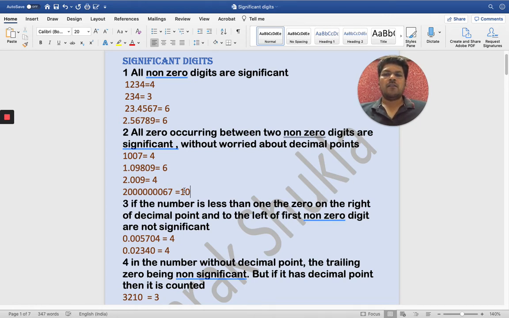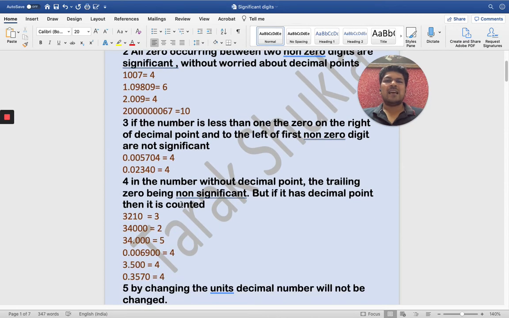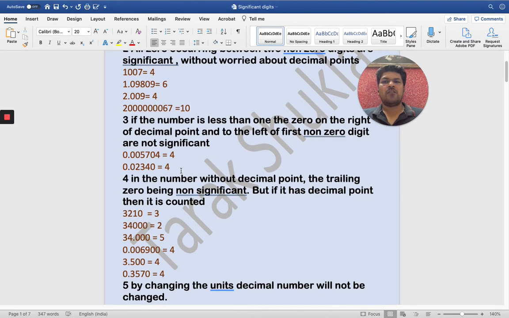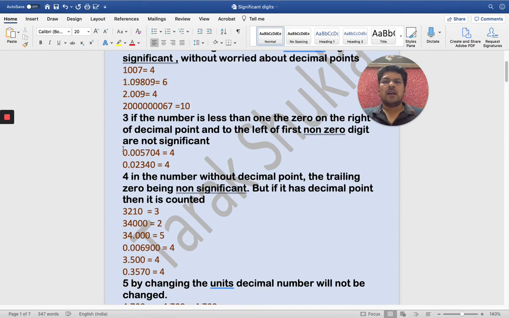Then we have the third case. It is a number which is less than 1, to the right of a decimal. Let's say 0 is there, then our number, but the previous zeros are not considered significant digits, because the leading zeros are non-significant.